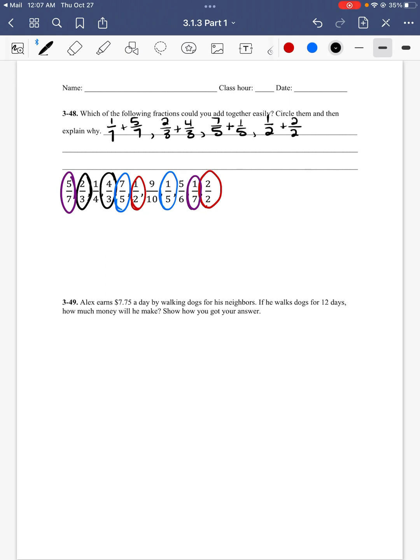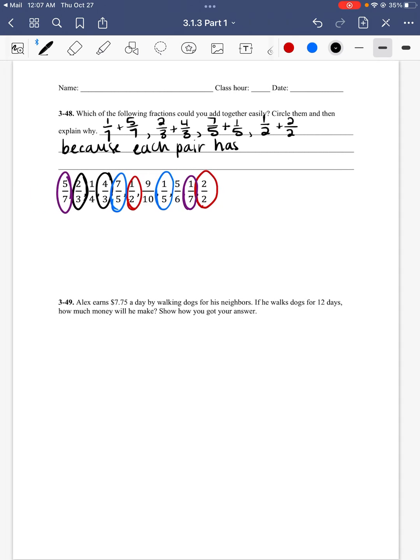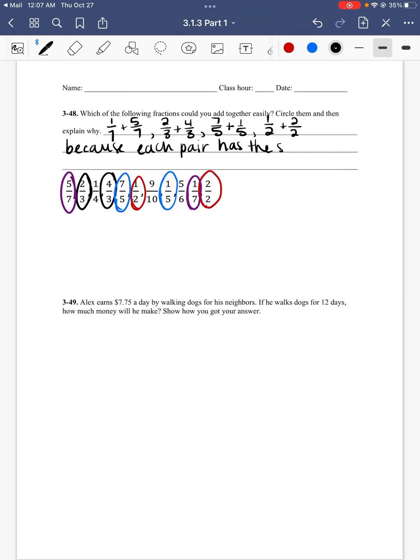I could add 1/2 plus 2/2, because each pair has the same denominator.